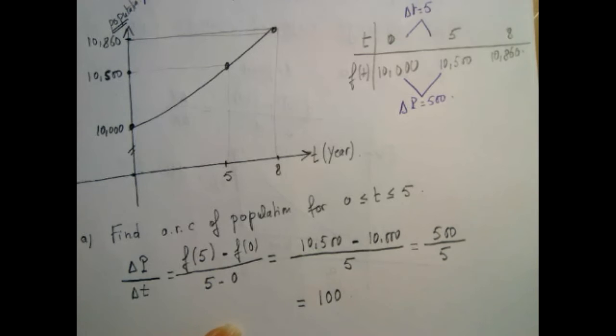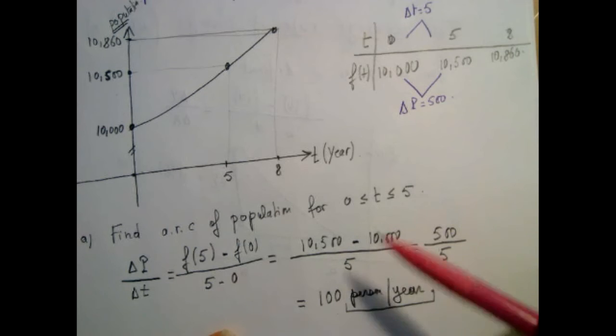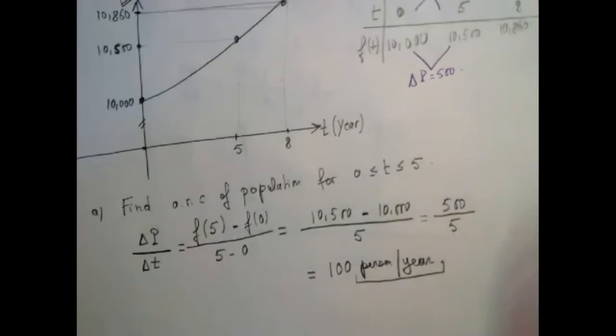That's the average rate. It's 100 a year. Exactly. It's 100 people per year. The per year is crucial here. It means on average. We're going to call this the unit of the average rate of change. It's people per year.